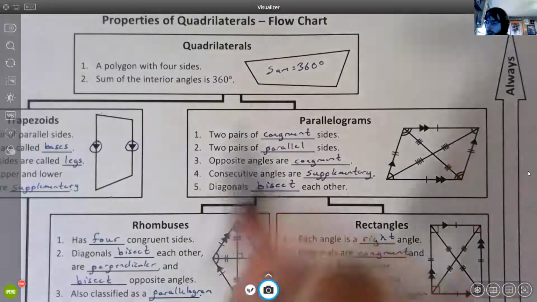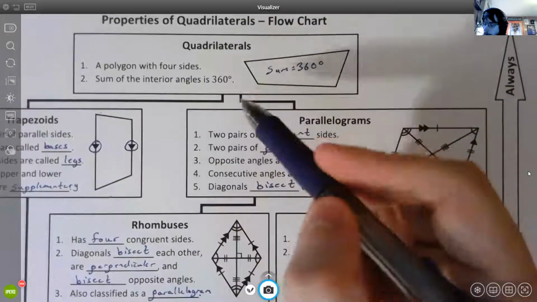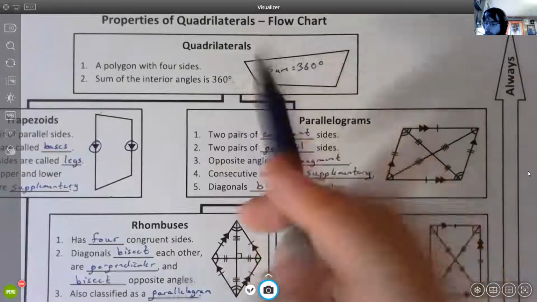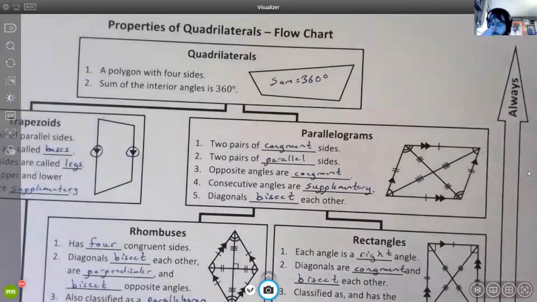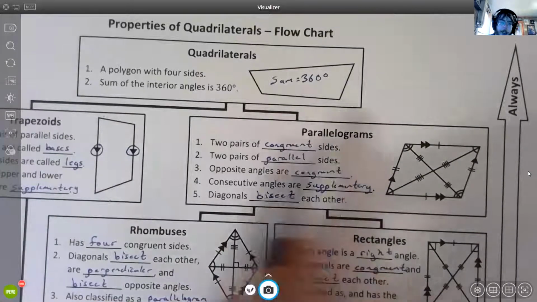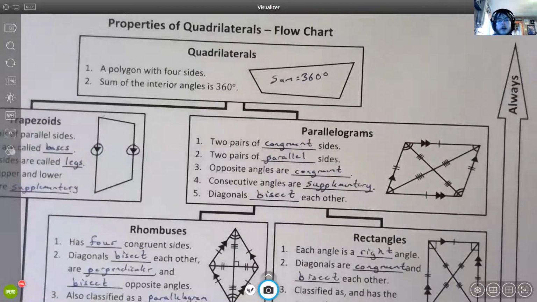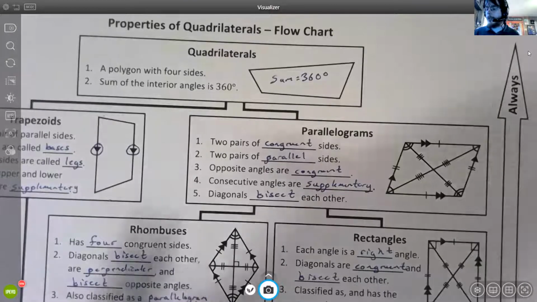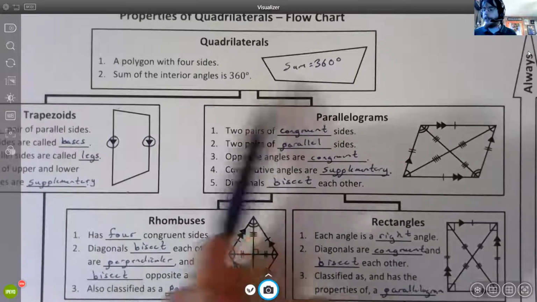Now you'll notice that since these do not connect in any way, okay, the quadrilaterals to the trapezoids and the quadrilaterals to the parallelograms, a trapezoid will never be a parallelogram, and a parallelogram will never be a trapezoid. Okay? So a trapezoid can never be a parallelogram, and vice versa, because they are never connected.